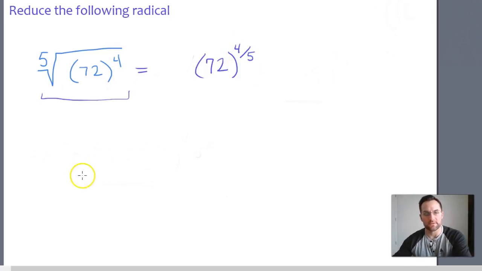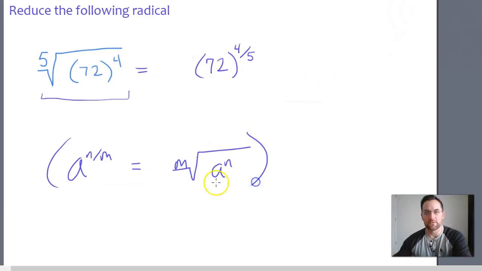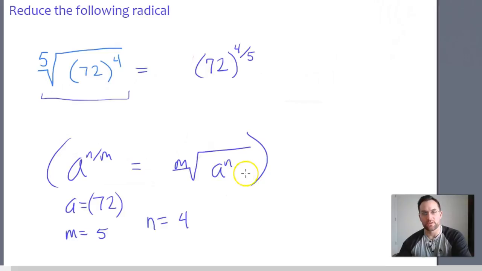And what we're following is the same rule, a to the n over m is equal to the m root of a to the n, right? We're applying the same rule, where a would be equal to 72, in parentheses, m would be equal to 5, and then n would be equal to 4. Okay? So we see how we can just plug and chug.